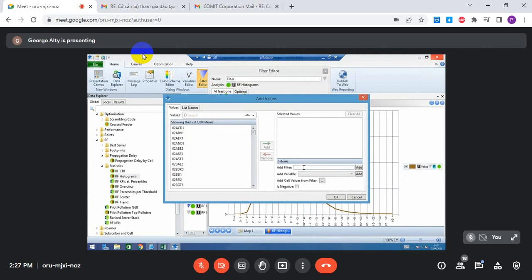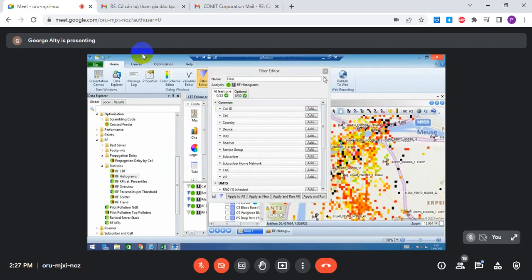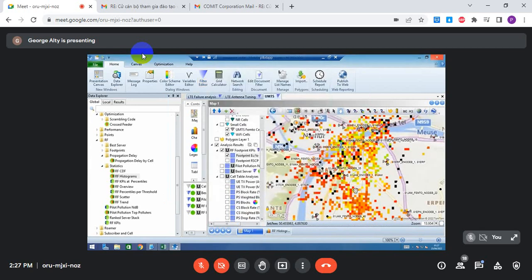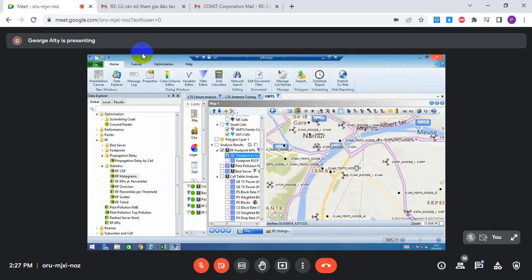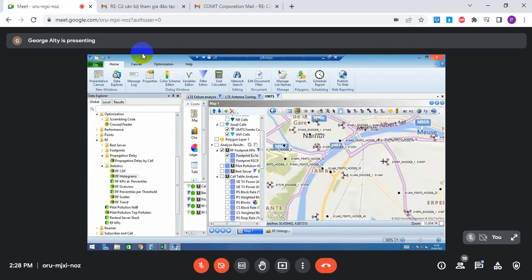But let's see what it looks like if I take that particular cell, which, if I remember correctly, was this one here. Okay. Bear with me, I'm just extracting that cell identity from here.